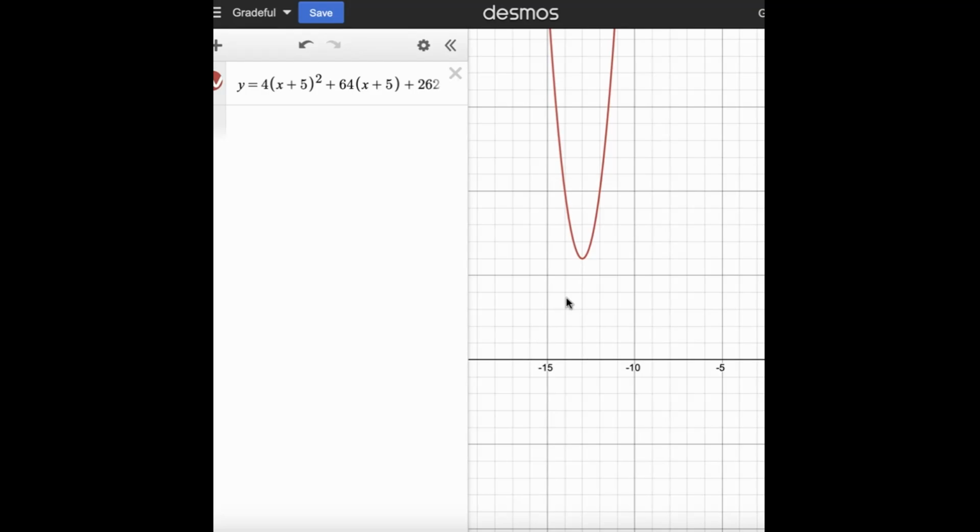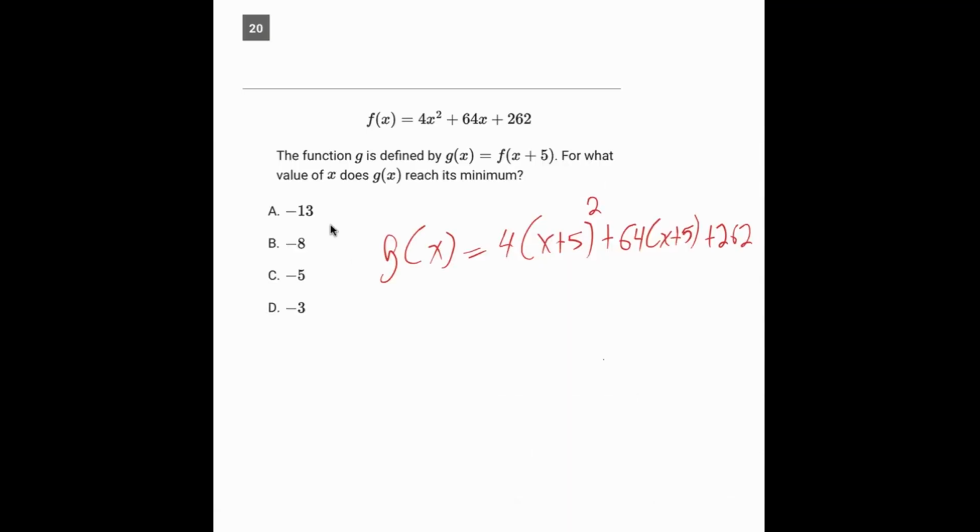You need both. But where is the minimum here? Desmos is really good at telling you where the minimum or maximum would be. And you can see it's at x equals negative 13. We don't care about the y value because we're only being asked about the x value. So that's negative 13, the answer of negative 13 yet again. So on question 20, we showed you 3 different ways to get the same answer.